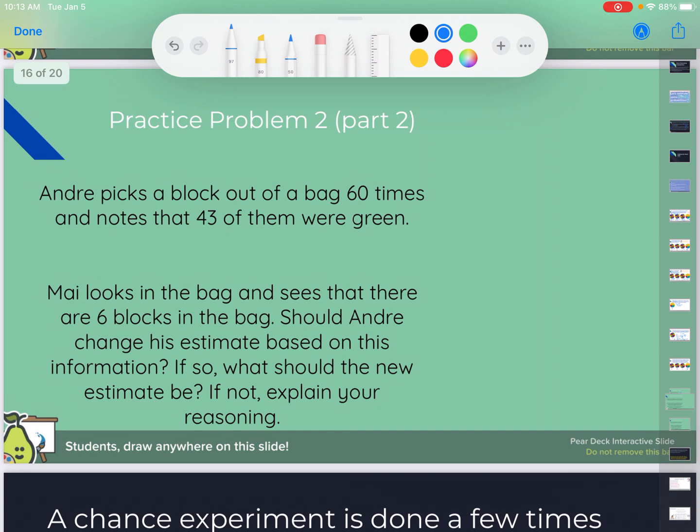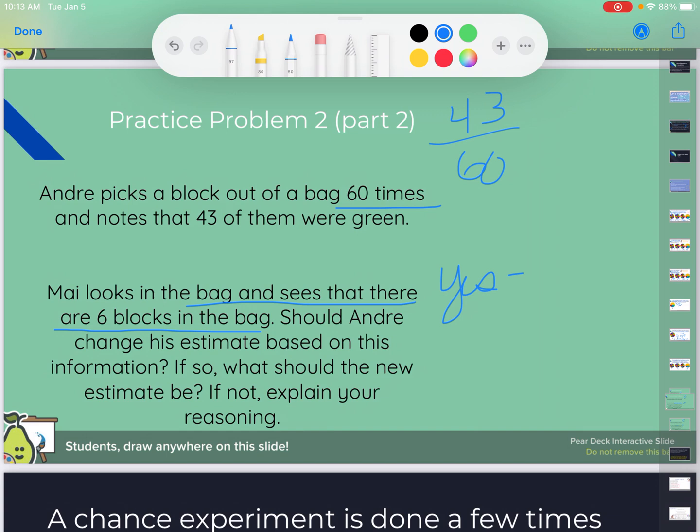So then it says that Mai looks in the bag and she sees that there are 6 blocks in the bag. Should Andre change his estimate based on that information? Well, really there weren't 60 blocks in there. There were only 6. But he got 43 out of 60, right? So should he change his estimate? Yeah.